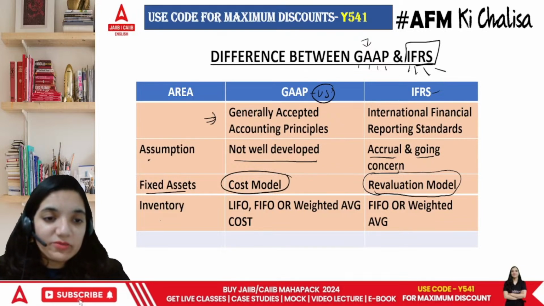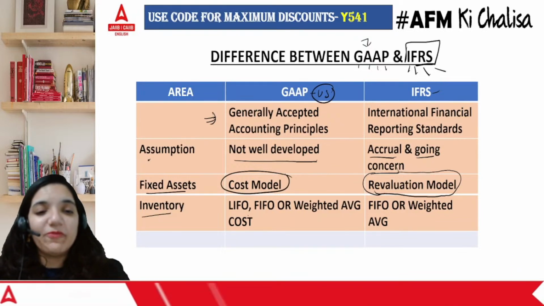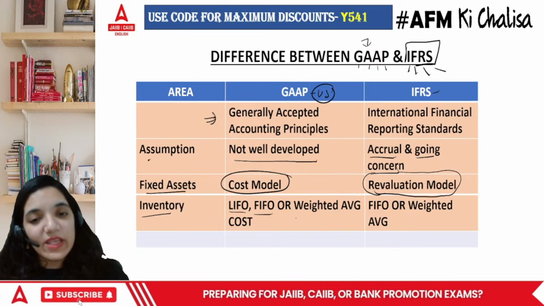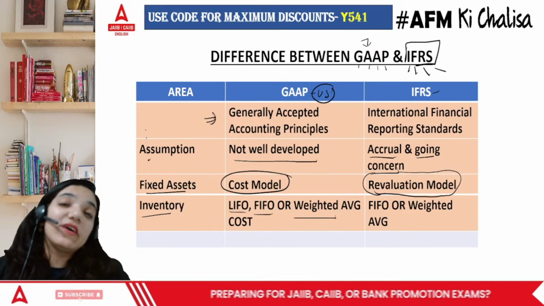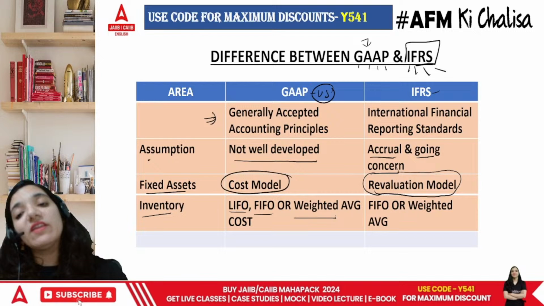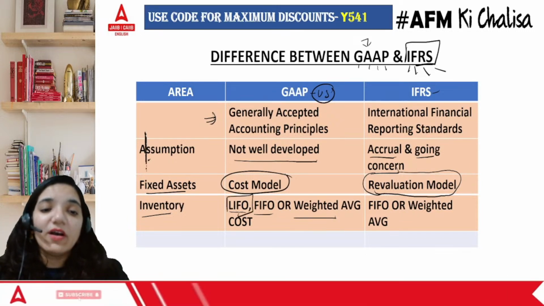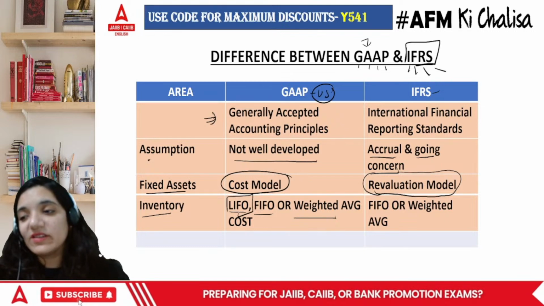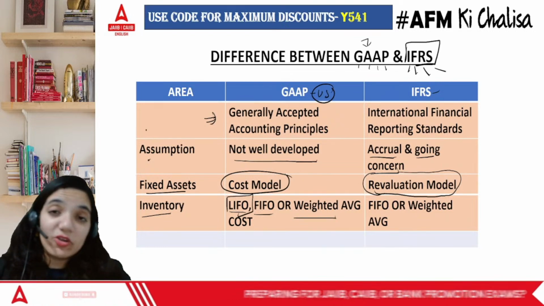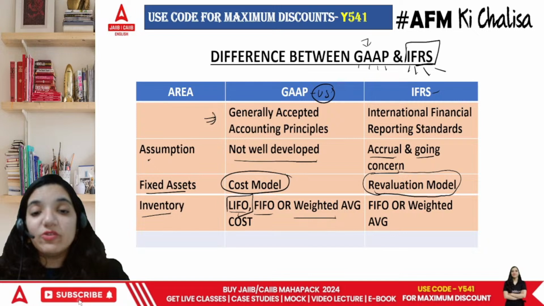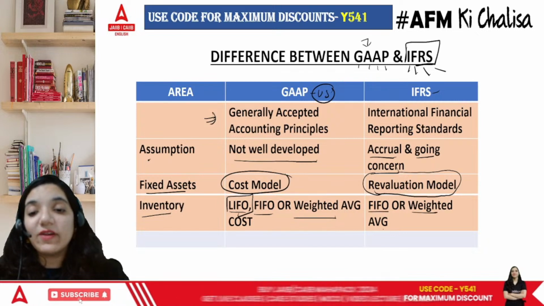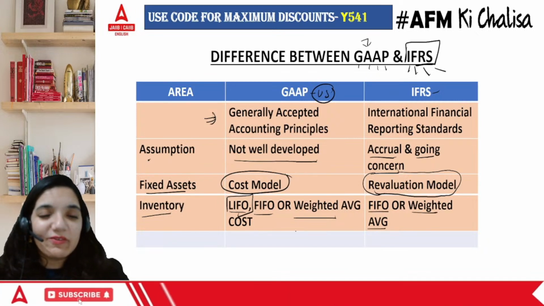Then in terms of inventory, GAAP follows everything: LIFO, FIFO and even weighted average. But IFRS, and even Ind AS and AS, do not really give much respect to LIFO because LIFO has some problems. The presentation goes a little haywire if you're using LIFO. So they use only two methods, FIFO and weighted average. What's LIFO and FIFO?